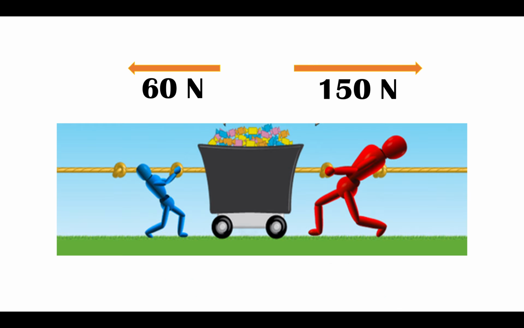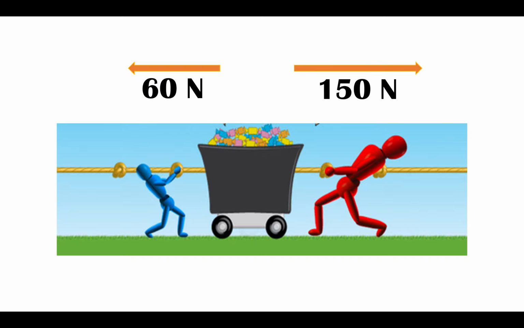Another example is this one. These two people are trying to pull this cart full of candies. One, the blue one, pulls this cart with 60 newton force, whereas the other one, the bigger one, colored red, tries to pull this cart with 150 newtons.